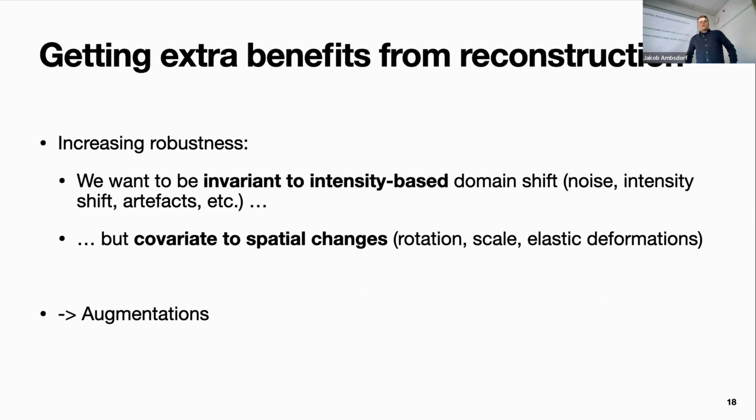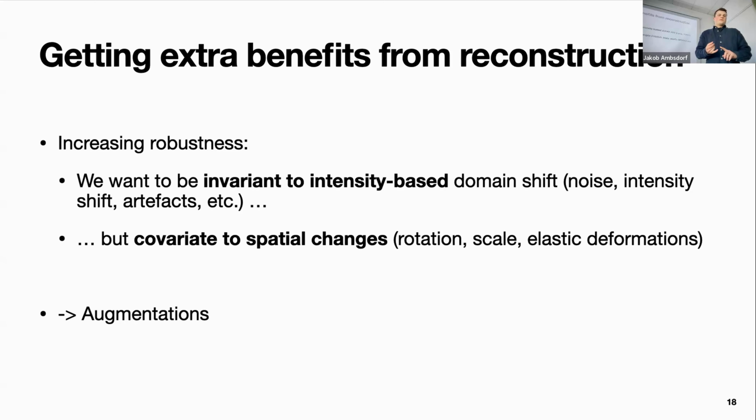Okay, so what we were asking then was, can we get some extra benefits out of this reconstruction task? And one thing that we were interested in is the robustness aspect, of course. So typically this is done through augmentations. You want to be invariant to some intensity shifts, like if you go to a different scanner or a different hospital, things that might look just a little bit different: different kind of noise, different kind of intensity, and maybe there are even some artifacts.